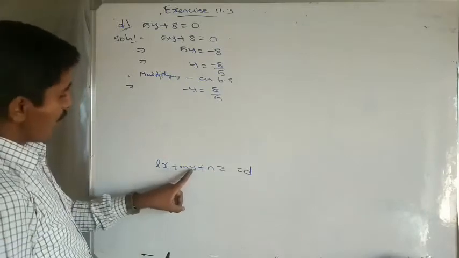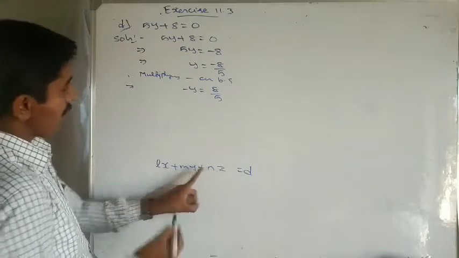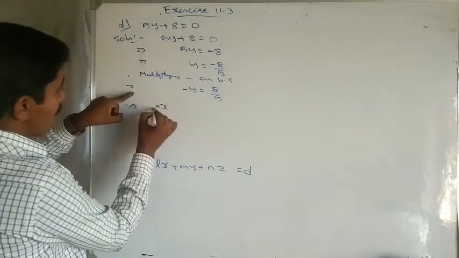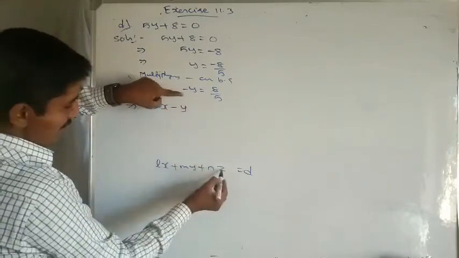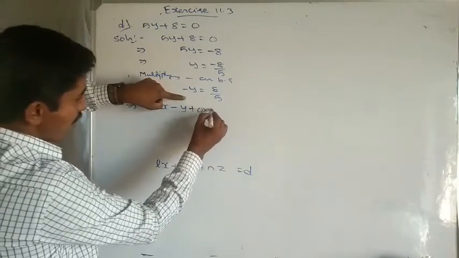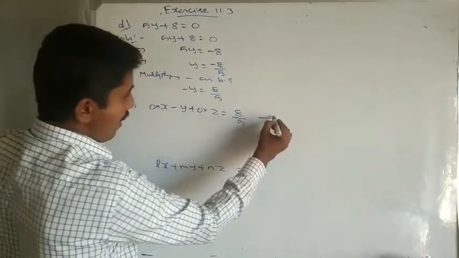Therefore your x coefficient is taken as 0, and z coefficient is taken as 0. 0 into x, 0 minus y as it is, 0 into z is equal to 8 by 5, called equation 1.